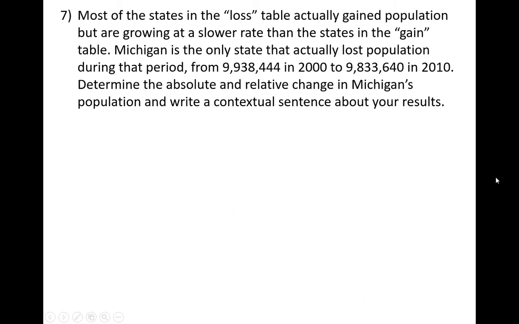It says most of the states in the loss table actually gained population, but are growing at a slower rate than the states in the gain table. Michigan is the only state that actually lost population during that period, from 9,938,444 in 2000 to 9,833,640 in 2010.